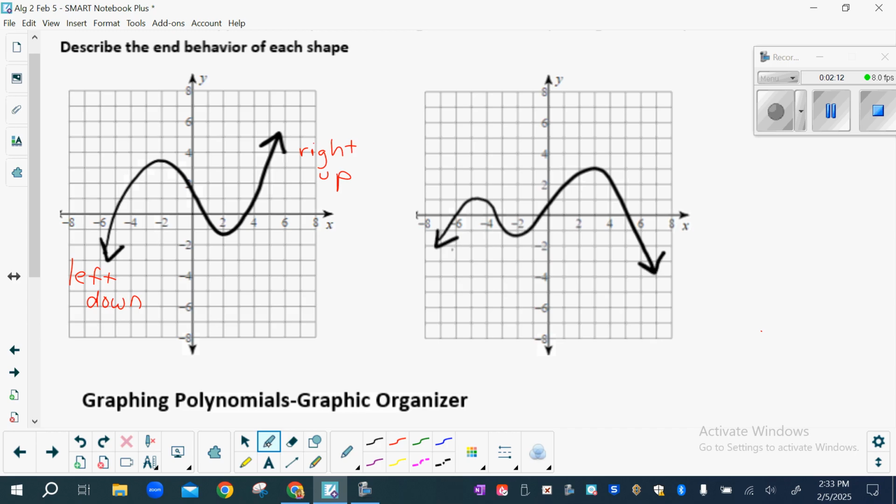So on the right, what's happening? Down. It's going down. So on the right, it's down. And then on the left, what's happening on the left? Down. Left is down. So we're going to use that end behavior to graph these polynomials.